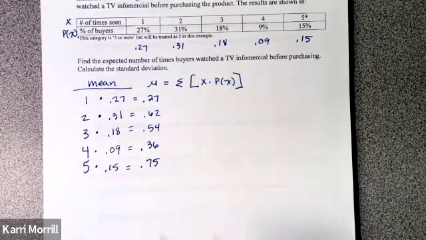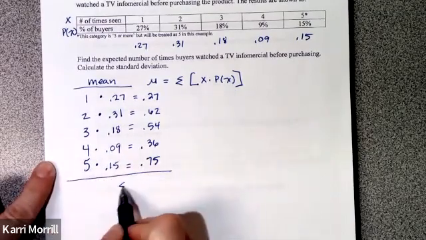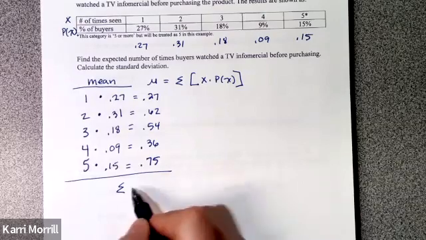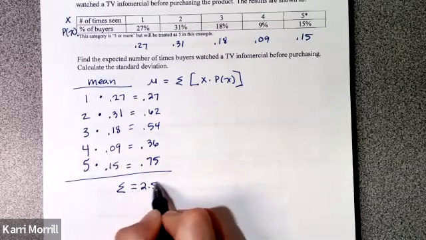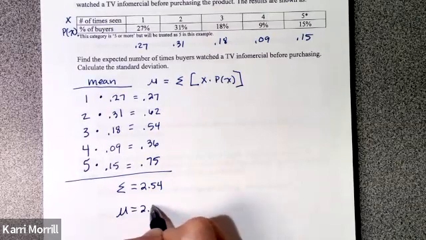Okay, and then remember what we do after we multiply is we sum all those things together. So 0.75 plus 0.36 plus 0.54 plus 0.62 plus 0.27. And that is 2.54. So my mean is 2.54.